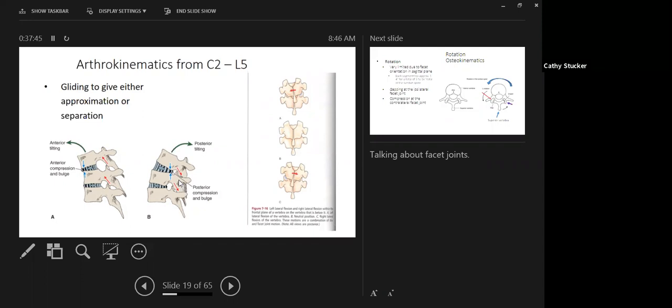The nucleus pulposus itself, though, in flexion moves backward a little bit because of that compression up front, and in extension, the nucleus pulposus relatively moves forward. Not a lot. That's a lot of firm tissue in there, so it's a small change, but there is some shifting in the nucleus pulposus with flexion and extension.